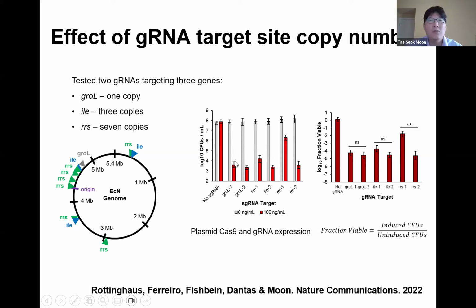But it turns out the number of cleavage sites doesn't matter much, because we see relatively similar cleavage activity, and we luckily show a 10 to the 4 reduction in terms of cell number. Here, 0 means no induction, and 100 means ATC at 100 nanograms per ml. That's the induction of the system.